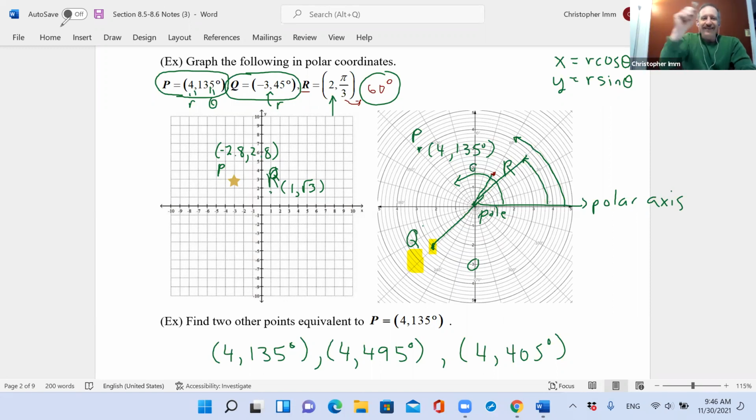So remember the spider webs, the concentric circles, that's going to give you the r value, the distance from the pole. And the threads in the spider webs, the rays coming out, those are going to give you the theta, the angle that you revolve around there. Awesome, nice job. So P and R and Q look good.